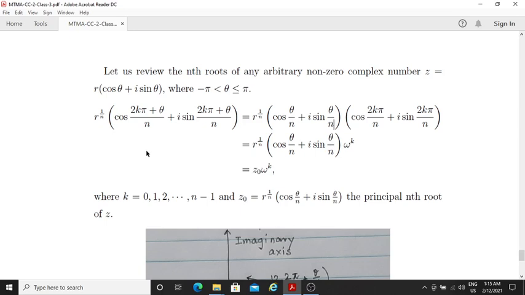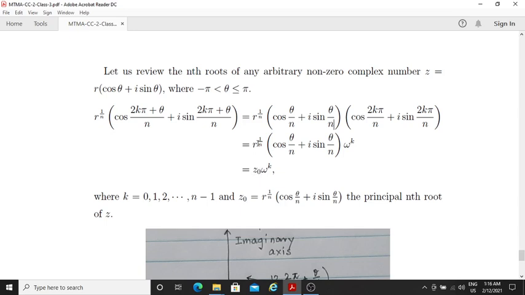That means looking at the nth roots of 1 and getting the set is very important, because they will eventually give you the roots of any complex number. For the nth root of any complex number, you just have to get the principal nth root.